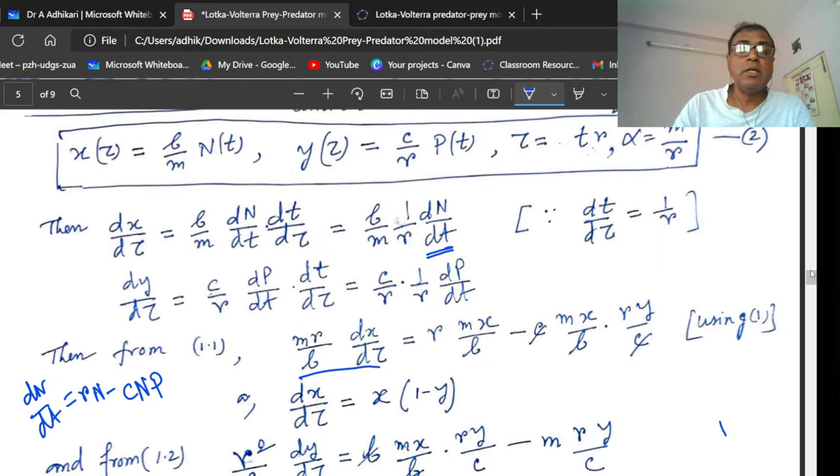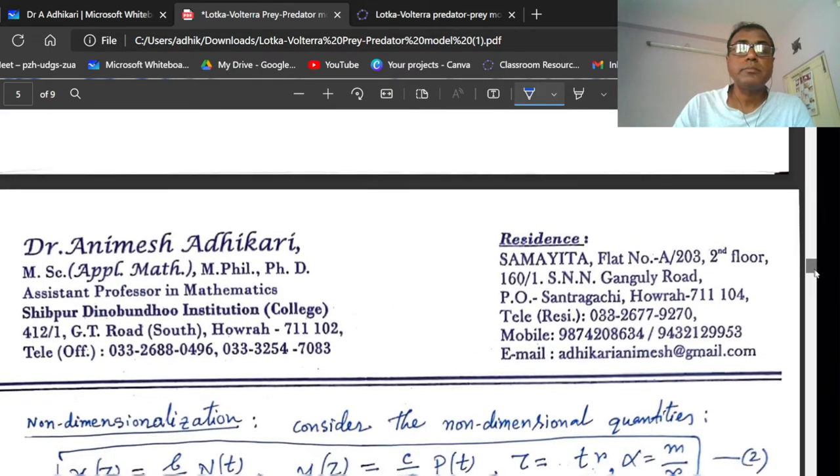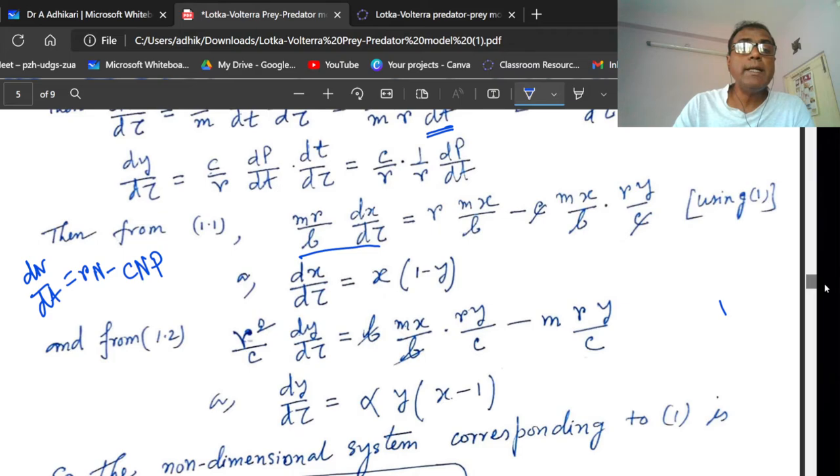So after simplification we get dx/d tau equal to x into bracket 1 minus y.